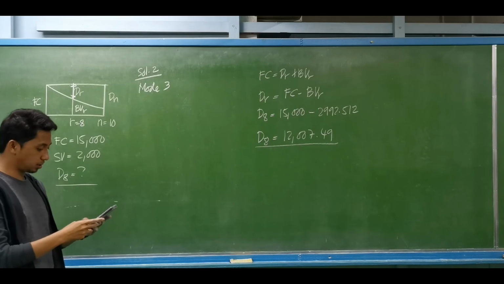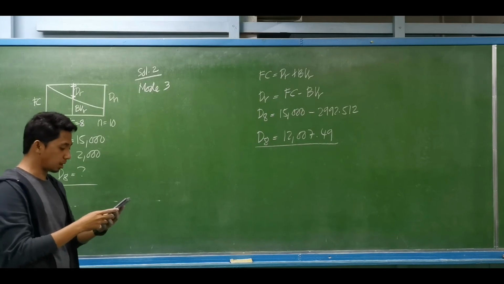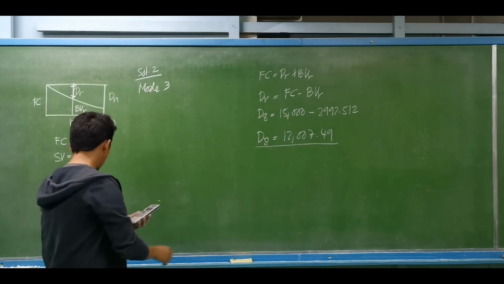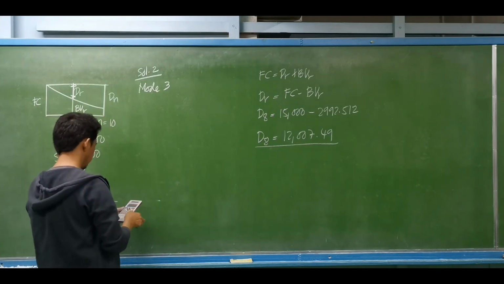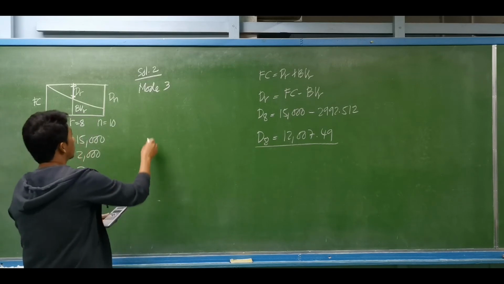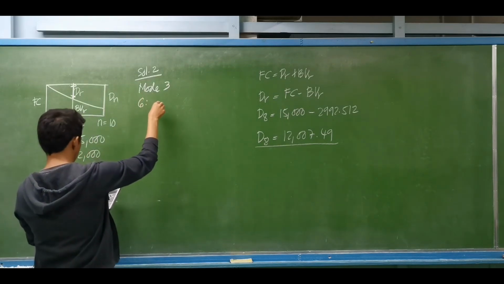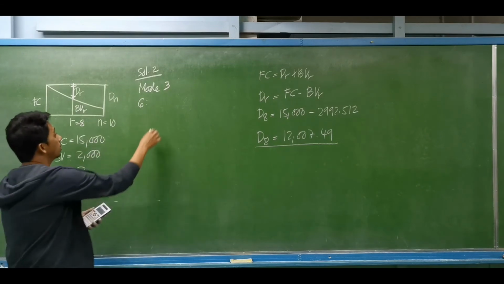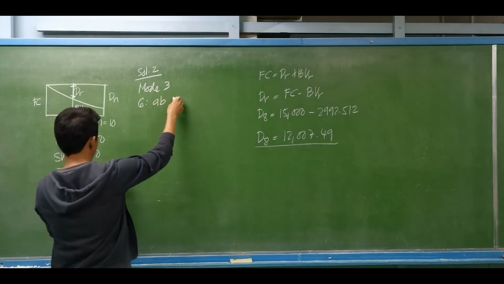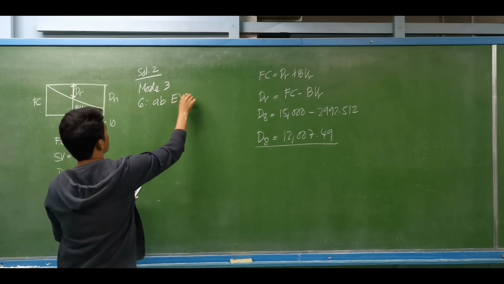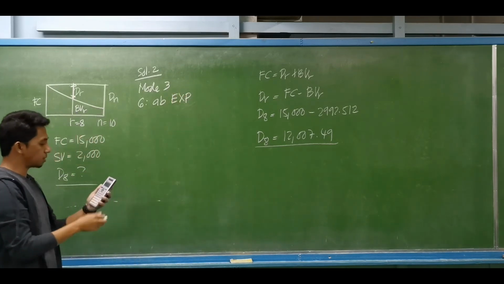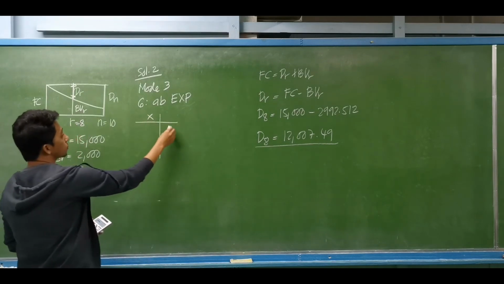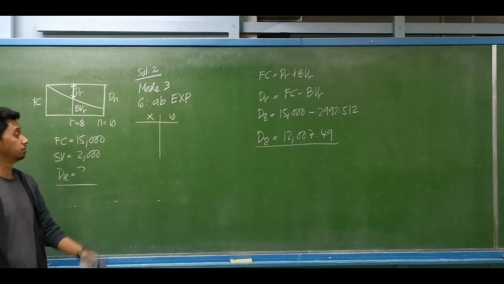So mode 3 is stat, and I'll be using number 6. This is applicable only for the declining balance method. Let's say this is AB, and then EXP, plus number 6. Again we have two columns: X for the number of years, Y for the book value.